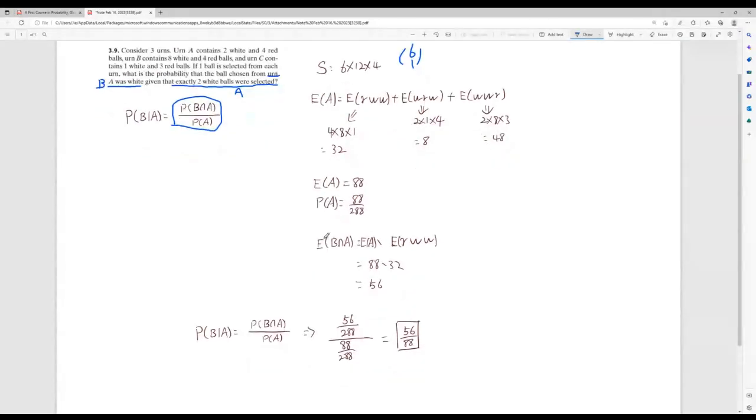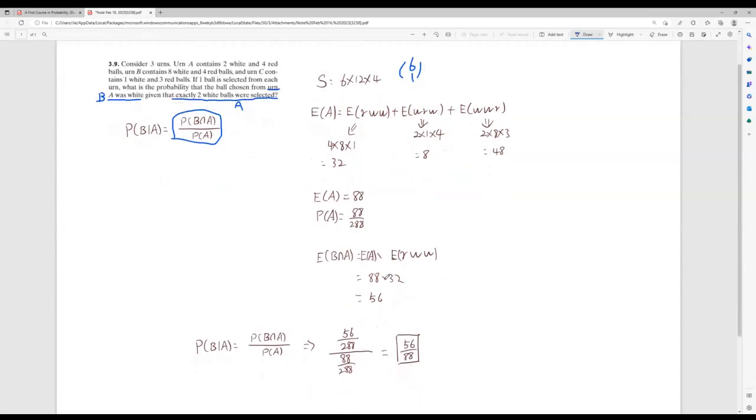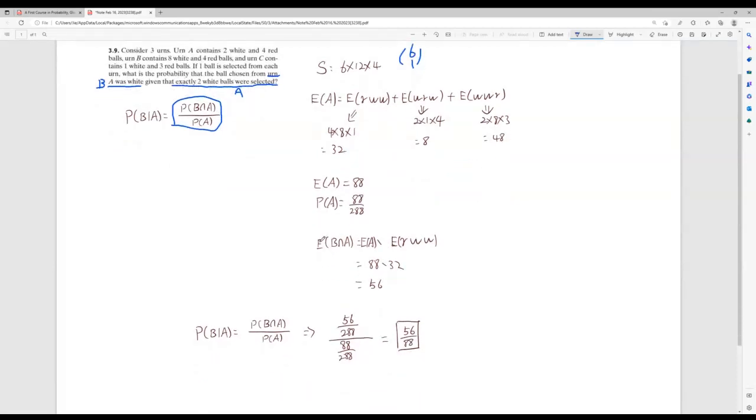For the event of BA, we have the complement of the first bowl is not white. That would be 88 minus 32. So we have the event of BA is 56.